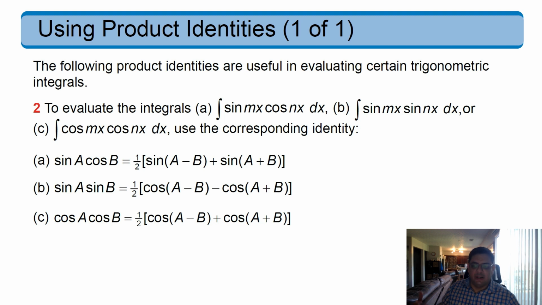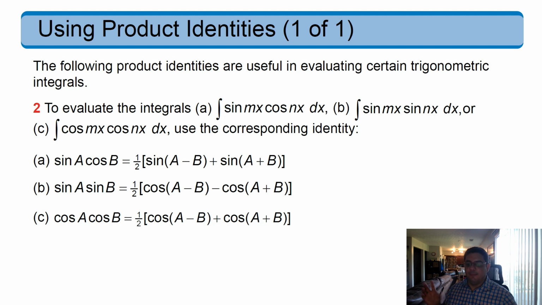So two different angles is what happens. Some of the identities that we can use here are the product identities of trigonometry. For example, sine of a times cosine of b is 1/2 of sine of a minus b plus sine of a plus b.